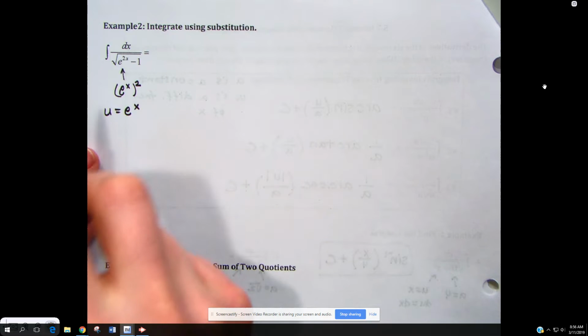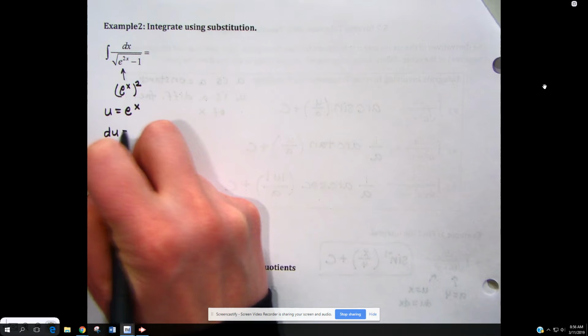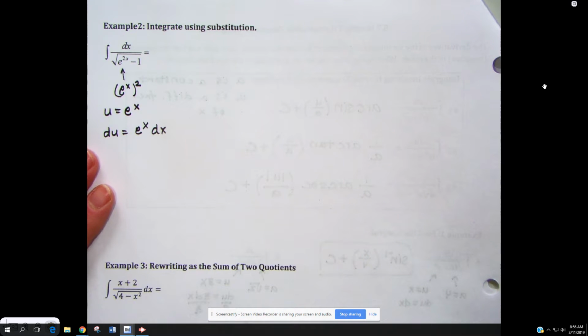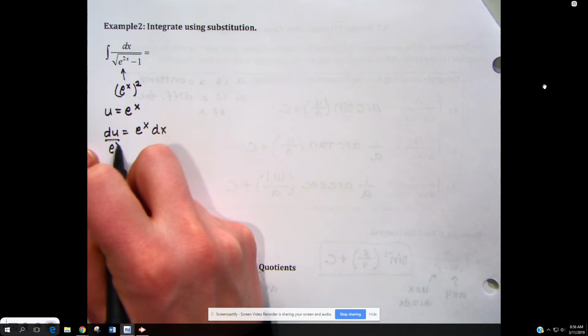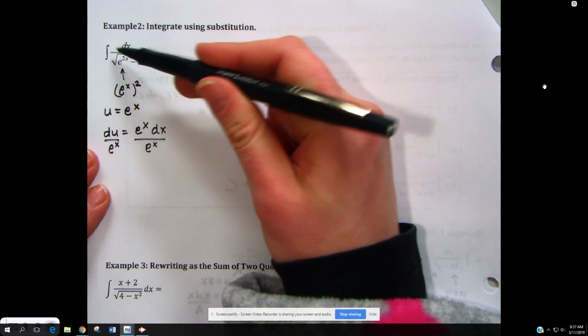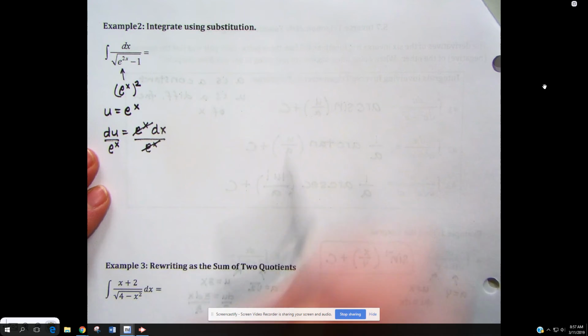Now the trick here, though, is that my derivative then would also be e to the x. And then I'm going to break my own rule about mixing my variables. If you look at the top, I do not have an e to the 2x in the numerator to work with. So it looks like at first glance that maybe I've sort of done a substitution that isn't going to help me out.